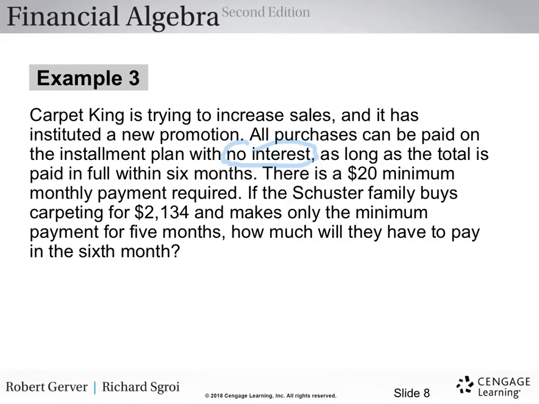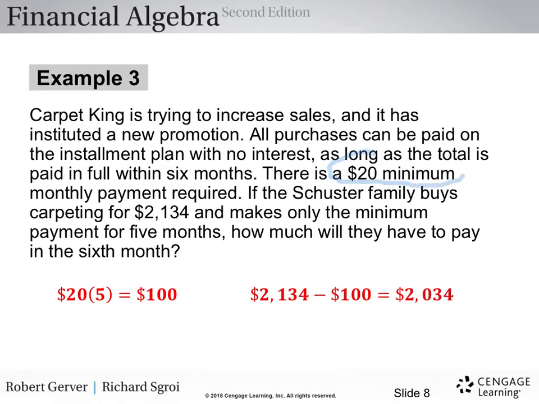Now, there is a $20 minimum monthly payment required. If the Schuster family buys carpeting for $2,134 and makes only the minimum payment for 5 months, how much will they have to pay in the 6th month? Now remember, they're paying only the minimum payment of $20.